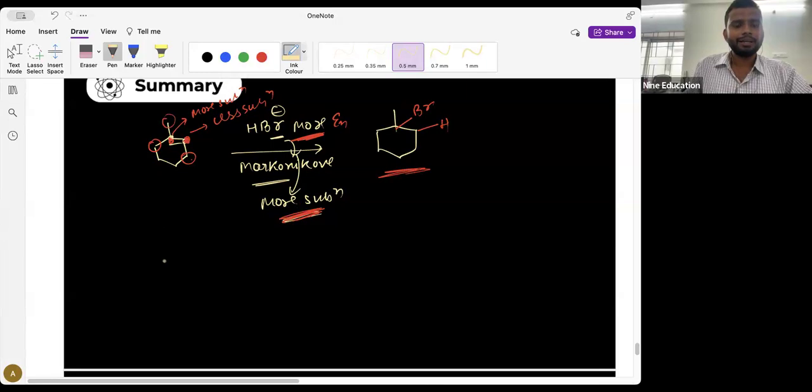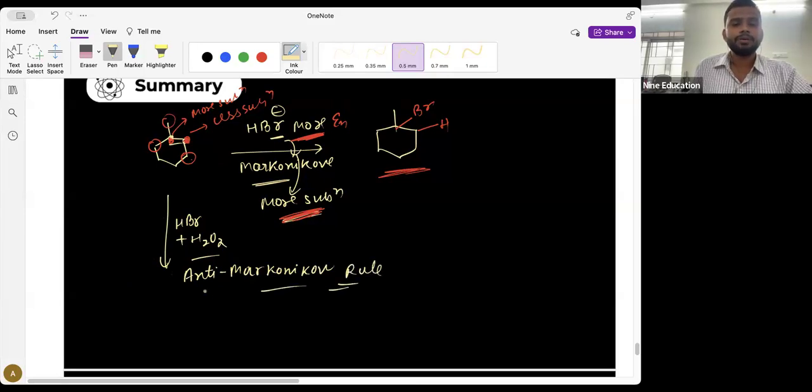Second one, if I take HBr plus H2O2, if I take peroxide with HBr. Now you know this is anti-Markonikov rule. This is anti-Markonikov rule, and this HBr should come.